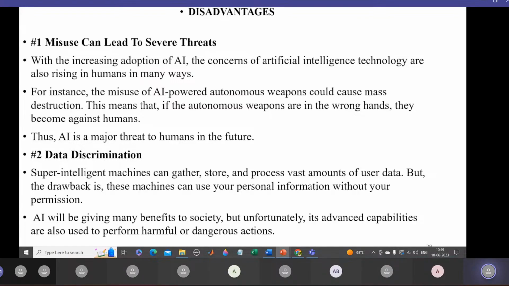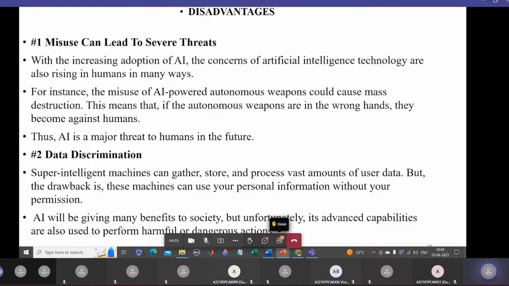For instance, the misuse of AI for autonomous weapons could cause mass destruction. A good example is the movie Enthiran, right? The robot was developed by one guy and how it was misused by the other guy. One good example. When autonomous weapons are in the wrong hands, they turn against humans. So AI is a major threat to humans in the future.